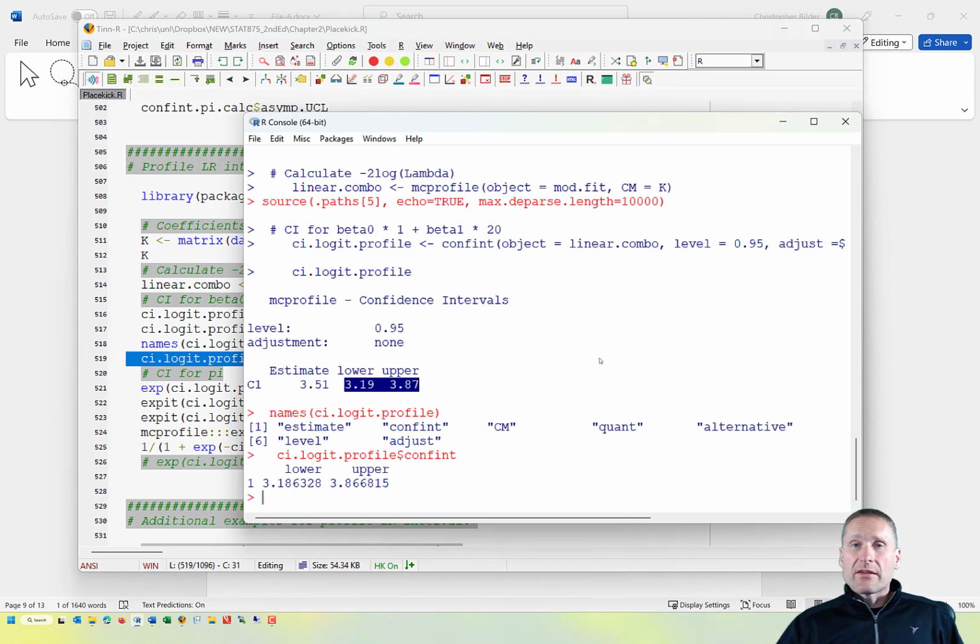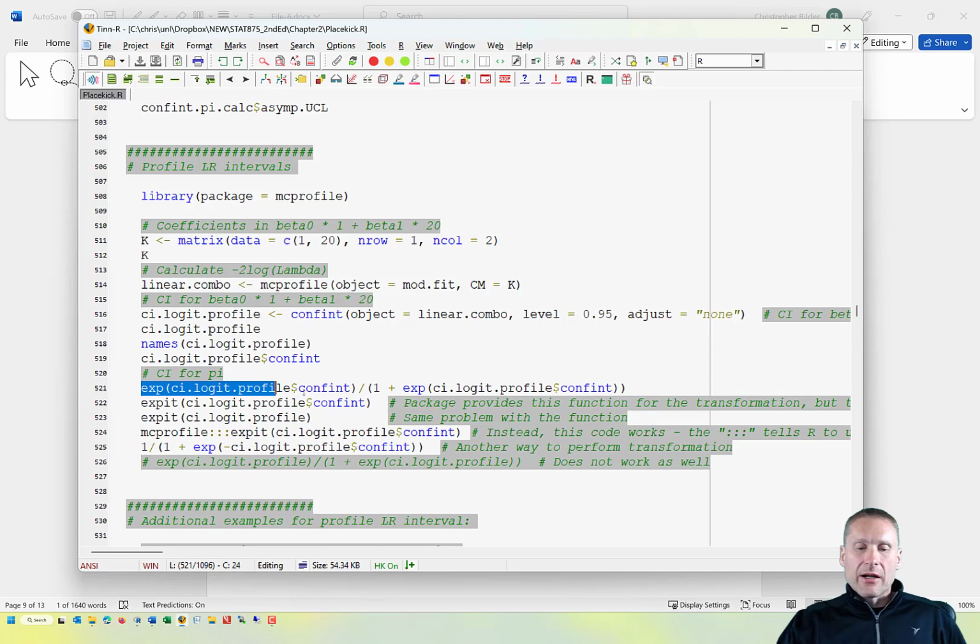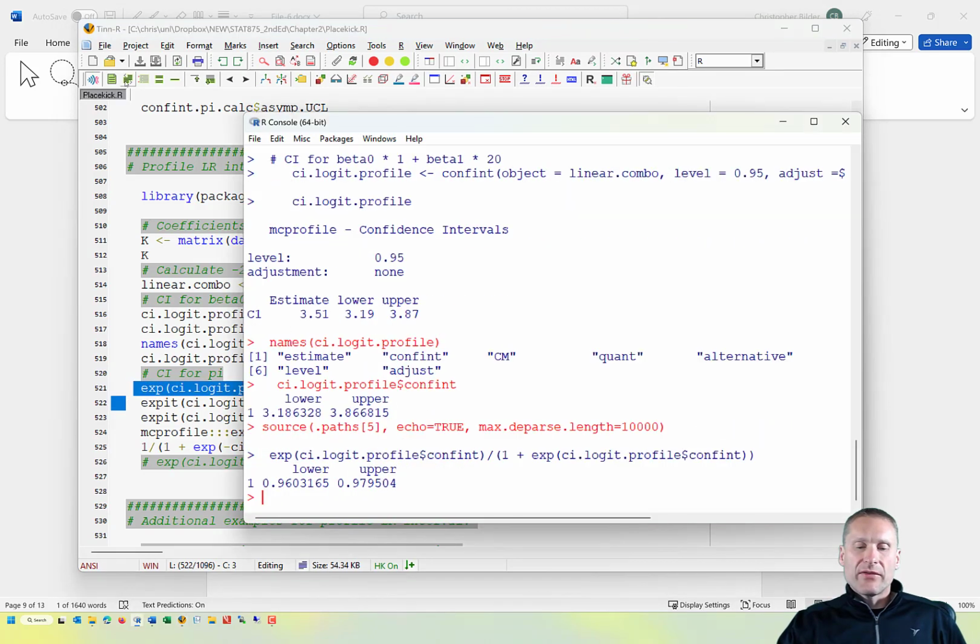The reason why that's important to us is because I don't want a confidence interval for the logit of pi. I want a confidence interval for pi itself. So I can apply my transformation with the exponential function in the numerator and then 1 plus the exponential function in the denominator to the results of what's in confint.